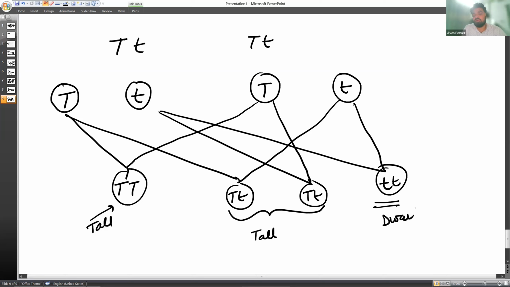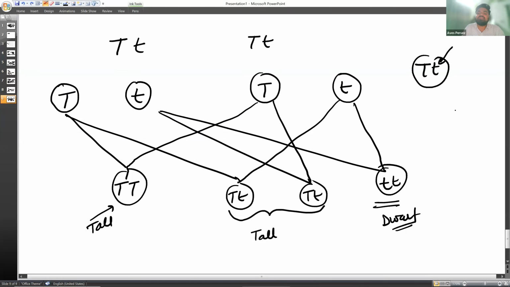There is no gene of tallness, so that's why this plant is dwarf. So actually in a heterozygous condition, you can see that this small t is not able to express itself because capital T is dominant. But it has not forgotten its identity of dwarfness, that this gene is responsible for dwarfness.